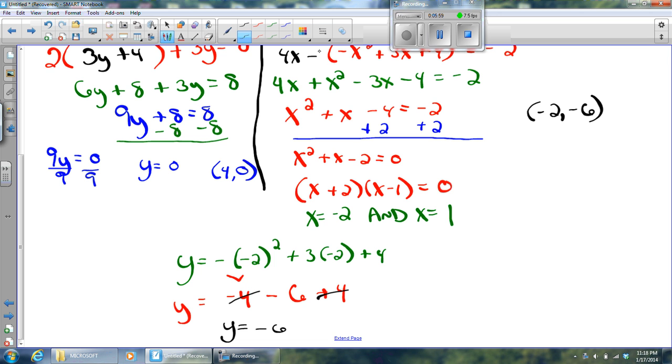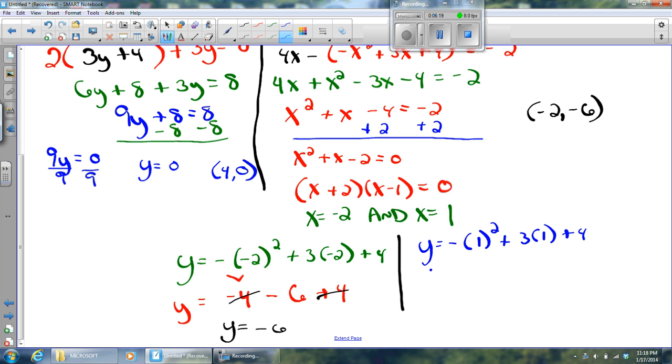All right. The other value, x equals 1, I'll do the same thing. I'm going to plug in y equals negative of 1 squared plus 3 times 1 plus 4.